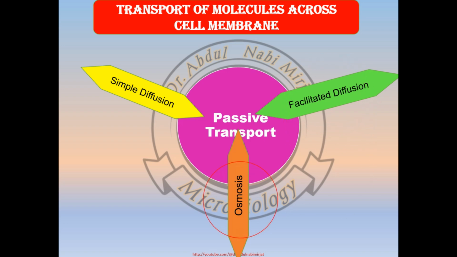Osmosis. In osmosis, water molecules diffuse across the selective permeable membrane from an area of high concentration to low concentration of water molecules, meaning only water molecules pass through the membrane by osmosis.